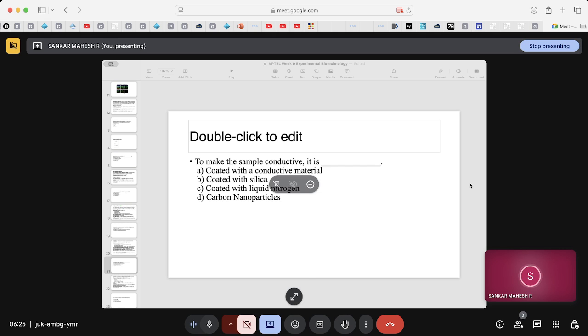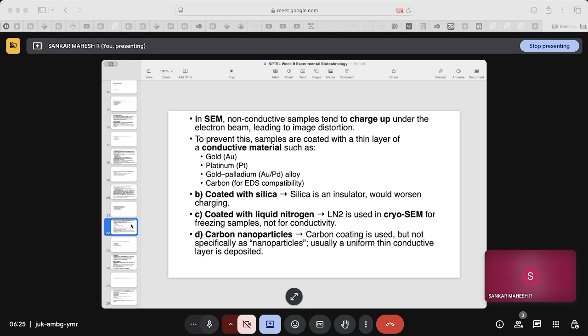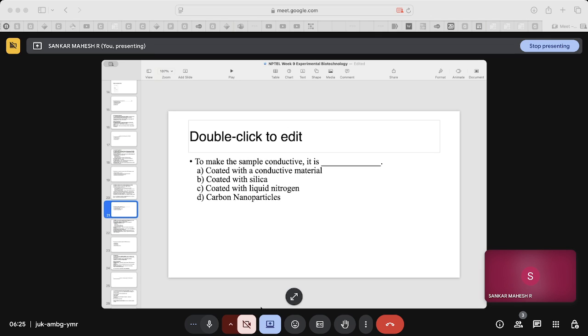Okay, so in what conditions do we want to make a sample conductive? When would we want to make a sample conductive? Okay.